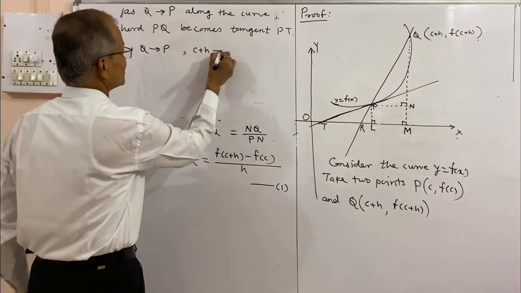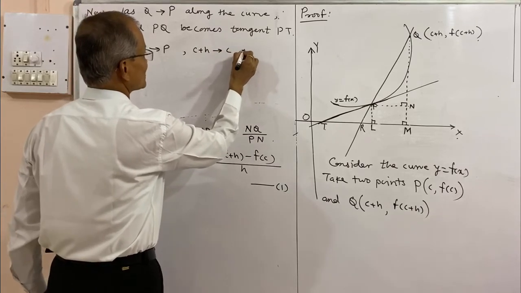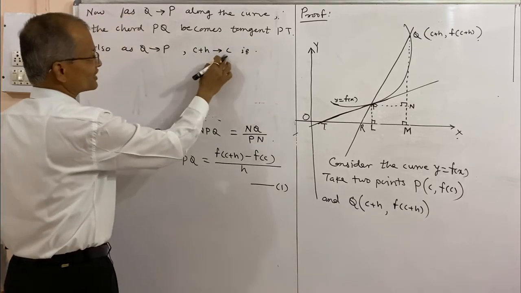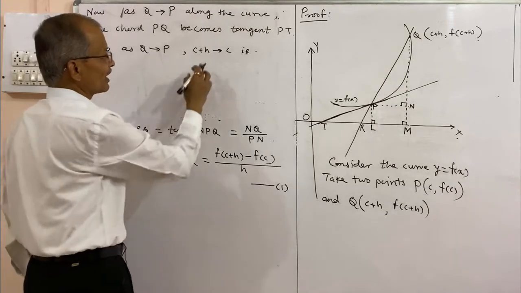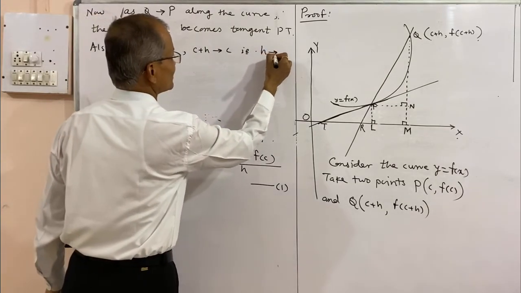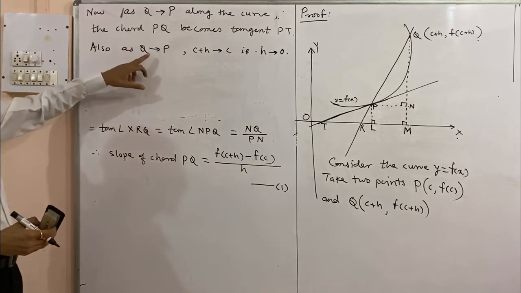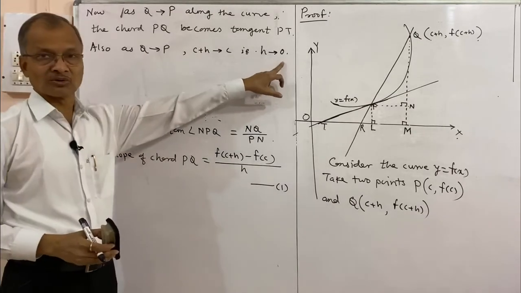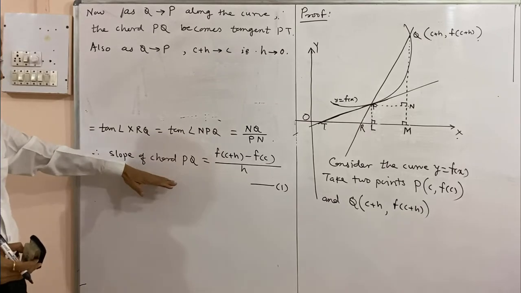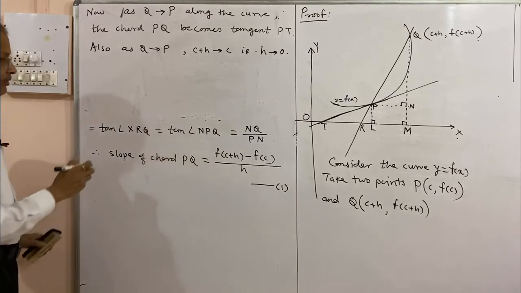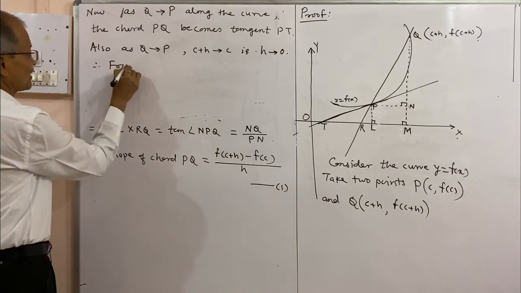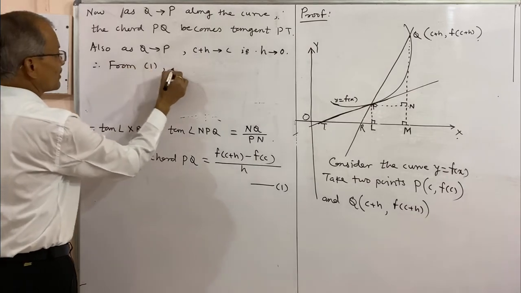When c plus h becomes equal to c, h will tend to 0. That means as Q tends to P, h tends to 0. So taking limit on both sides of 1.